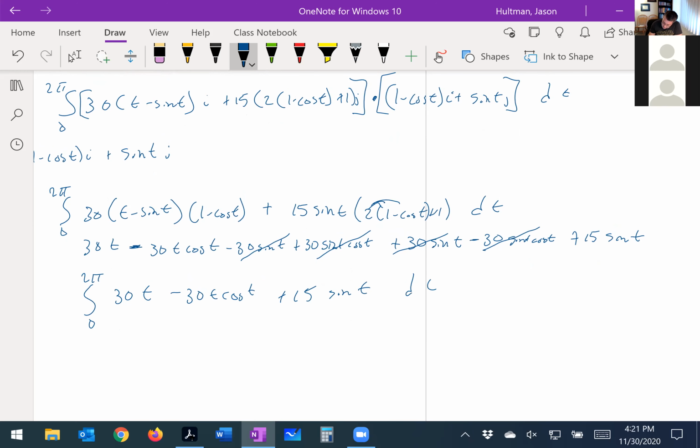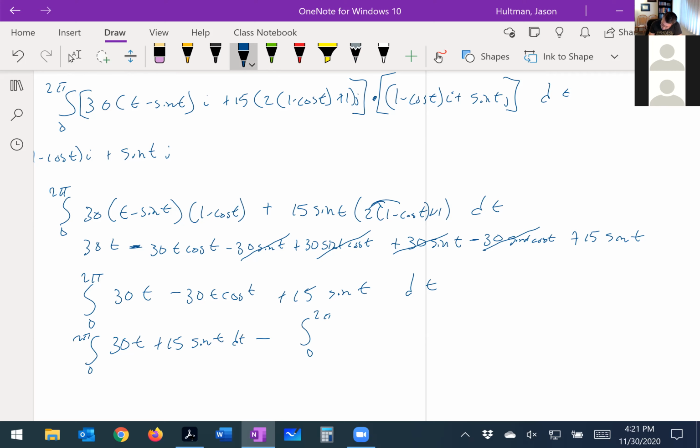And then dt. So I'm going to rearrange this. I'm going to do the integral of 30t plus 15 sine t, minus the integral from 0 to 2 pi dt.